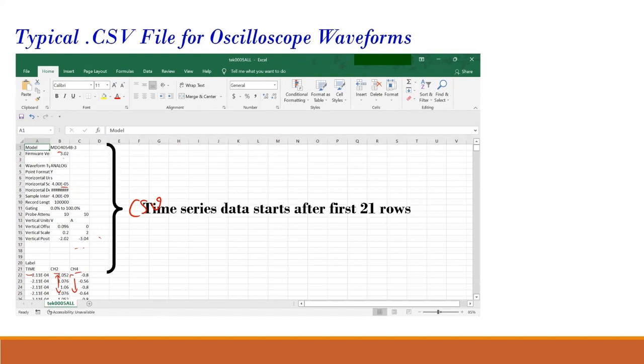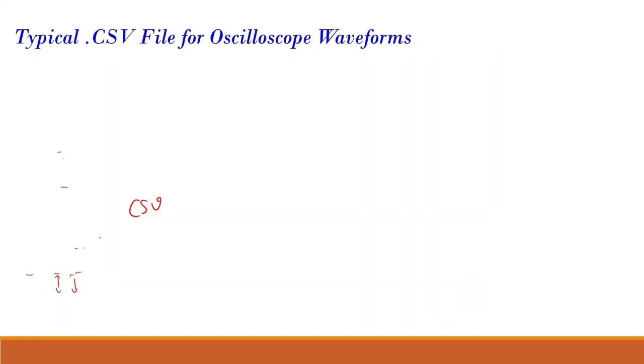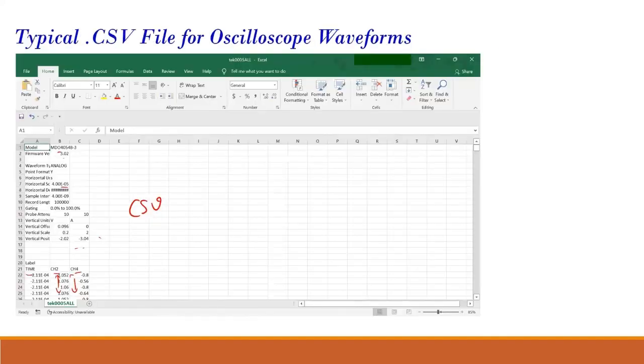Channel 4 is current, channel 2 is voltage. So your voltage is approximately 1.05, 1.076, 1.06. This is your output voltage.